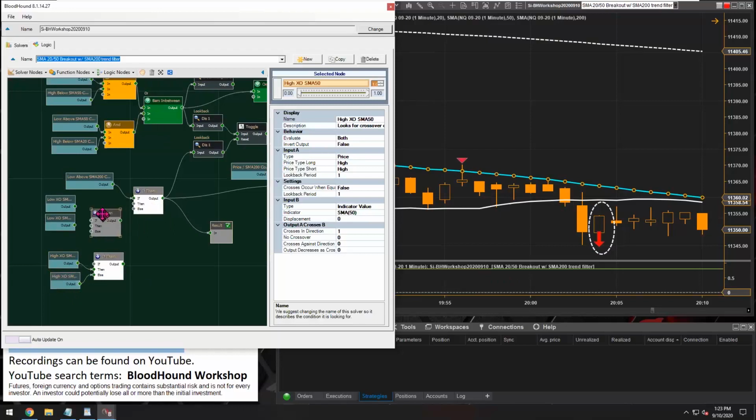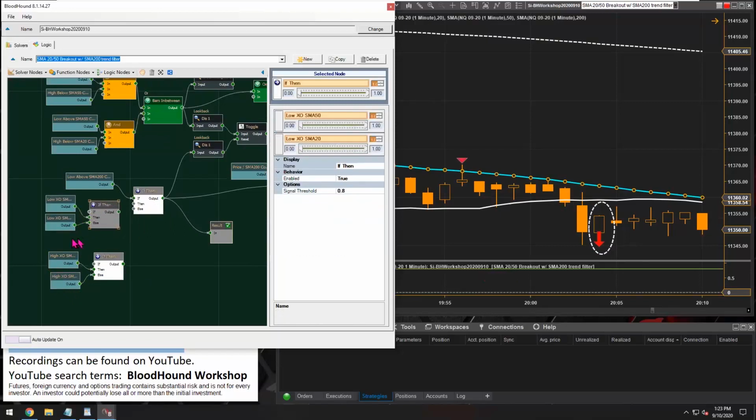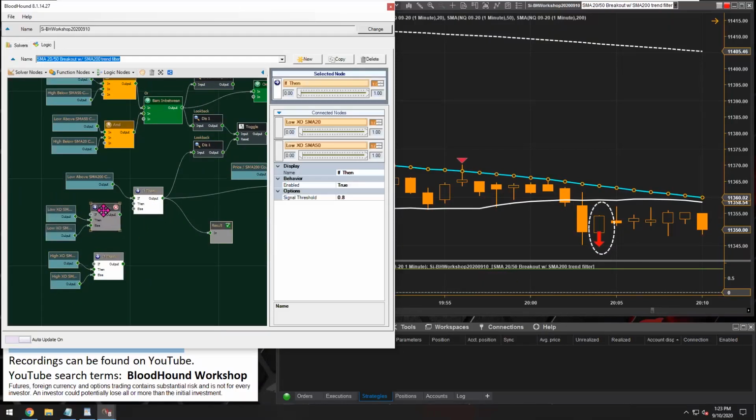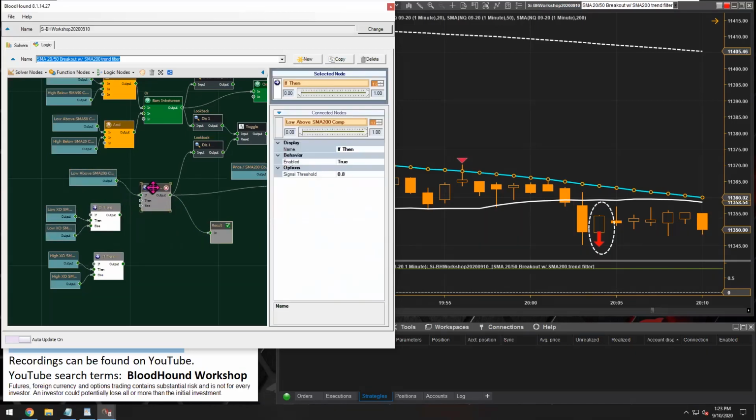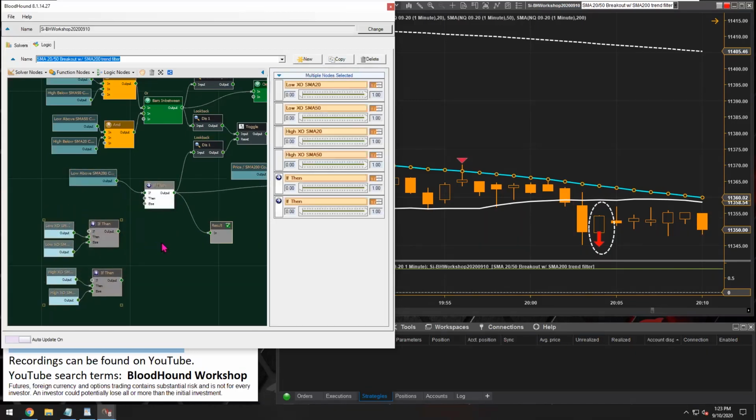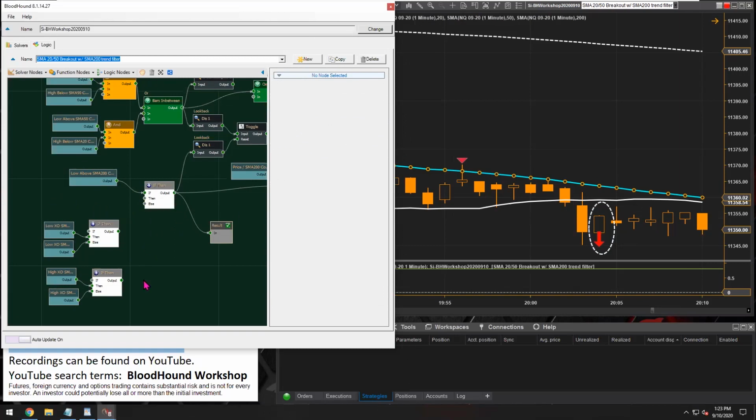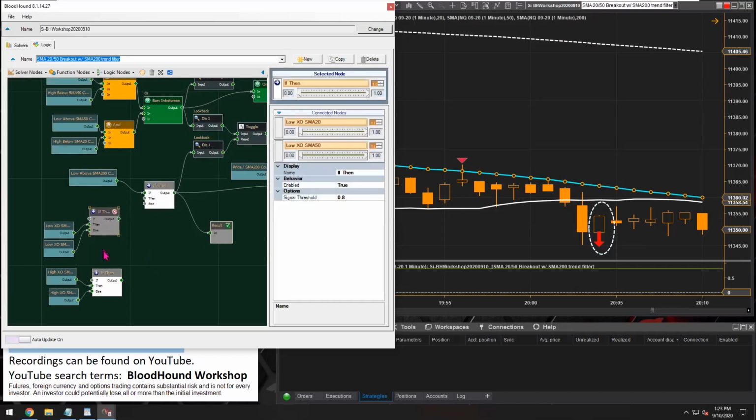I think this system has probably used the most if-then nodes I've ever used in a workshop before. All right, so I've just preliminarily connected up these if nodes. So now I need some kind of controlling solver here.